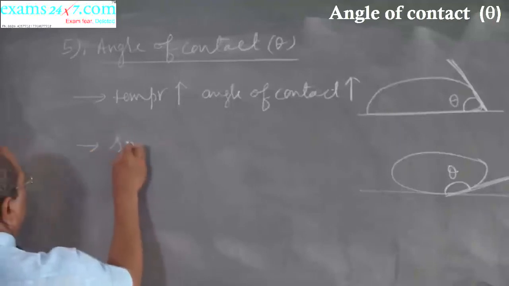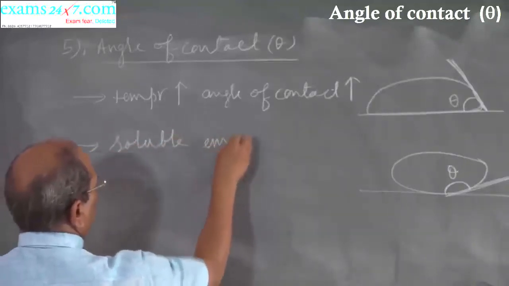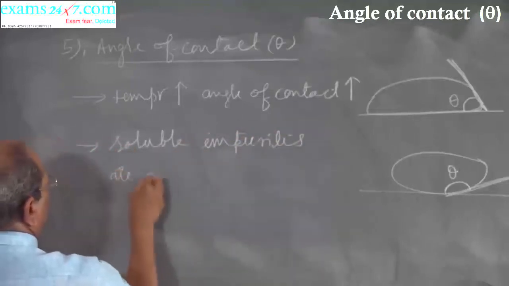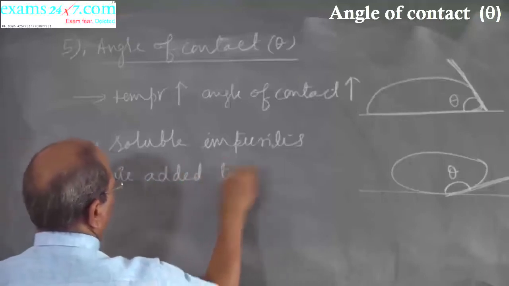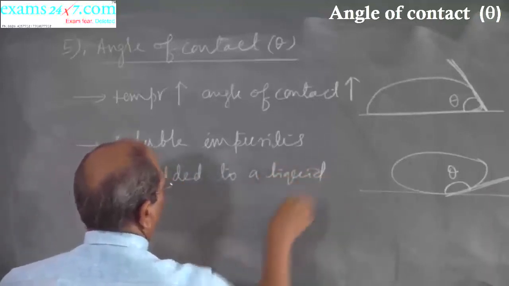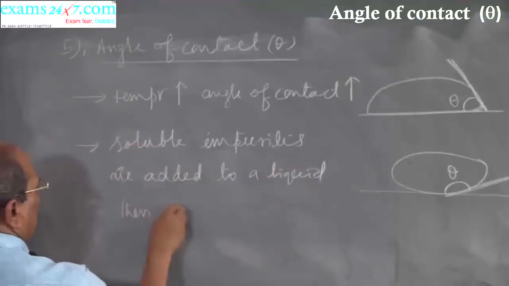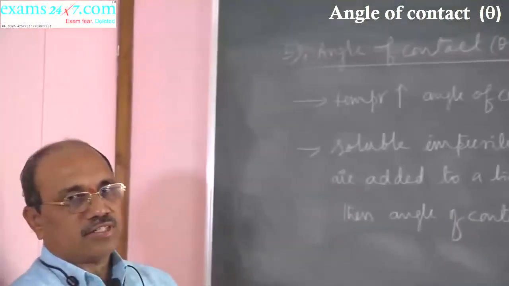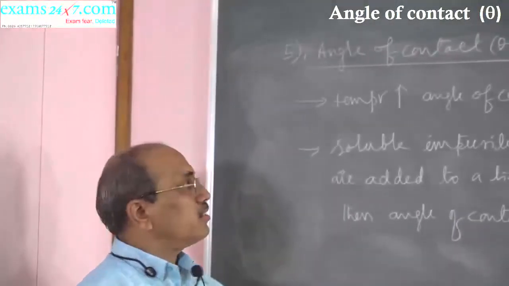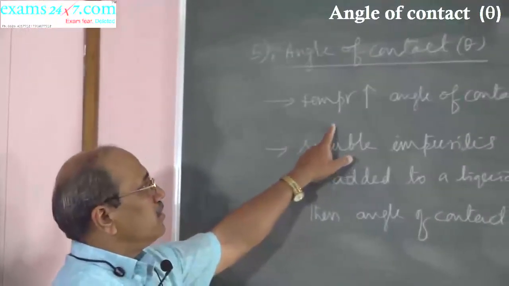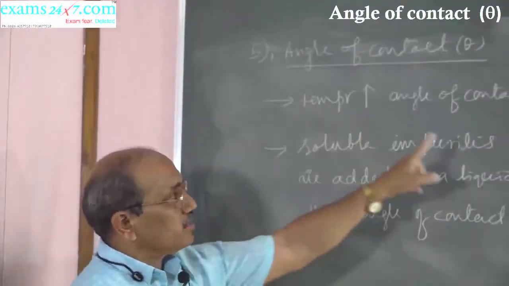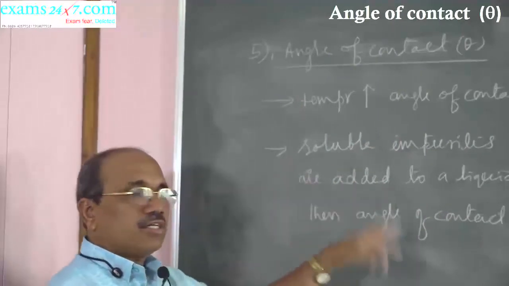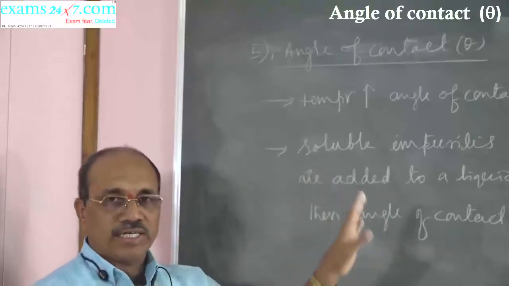If soluble impurities are added to a liquid, the angle of contact decreases. This is the reverse of surface tension: in case of surface tension, an increase of temperature decreases the surface tension, but here it increases the angle of contact. But addition of impurities to any liquid decreases the surface tension, and here the angle of contact also decreases.